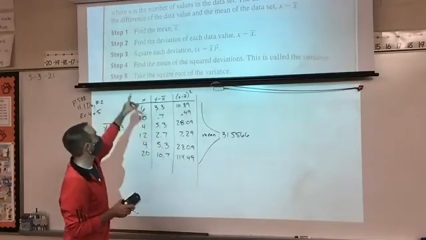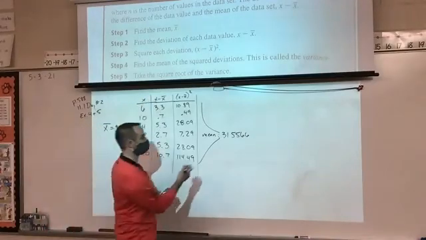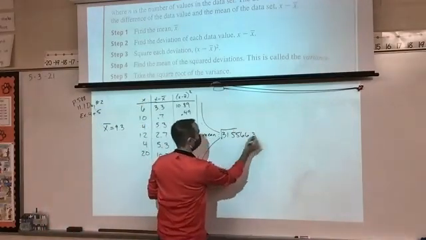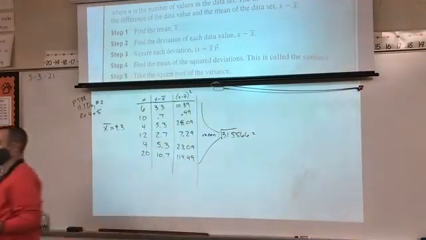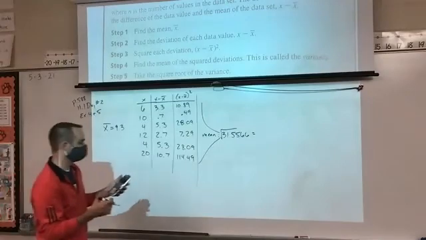So we get that mean, and then the very last thing we got to do is take the square root of that. We're going to take the square root of that, and that's going to be our answer. And then we can round it. They'll tell you whether to round it to the 10th or the 100th or whatever.